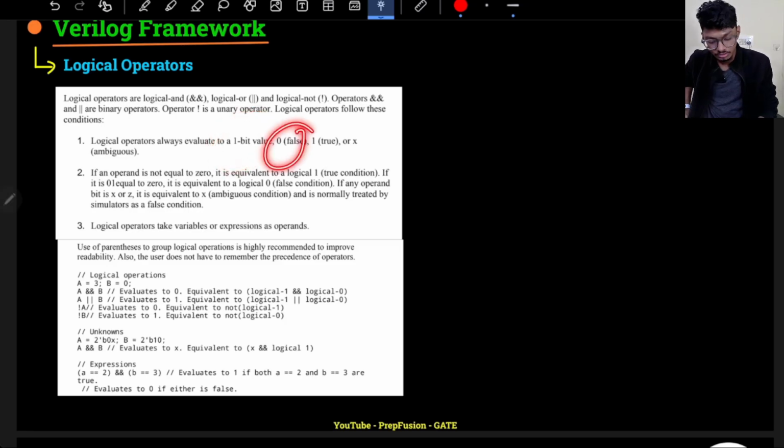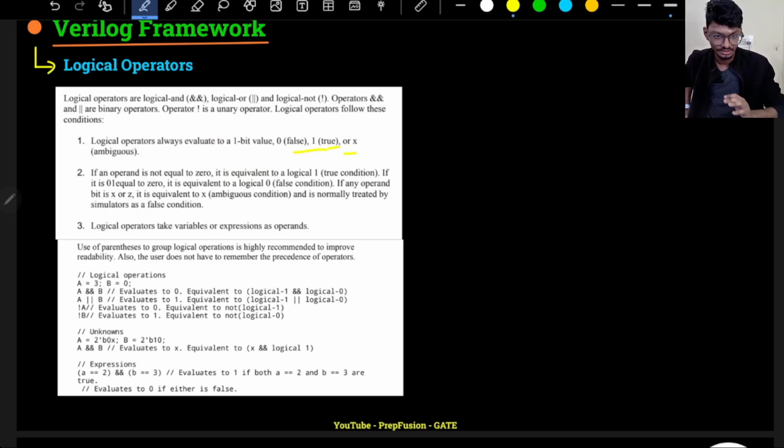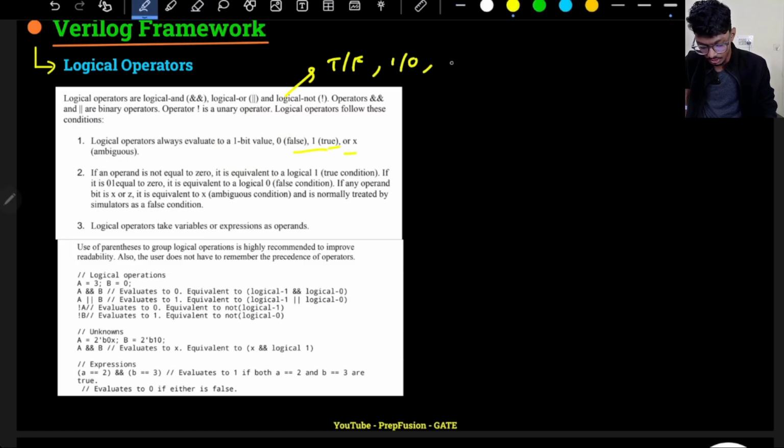It can be either 0, which means false, or 1, which means true, or it can be x, that is ambiguous. I cannot say whether it will be true or false. So logical operators can have these outputs: true, false, that is 1 or 0, and x, ambiguous. That's the only thing.